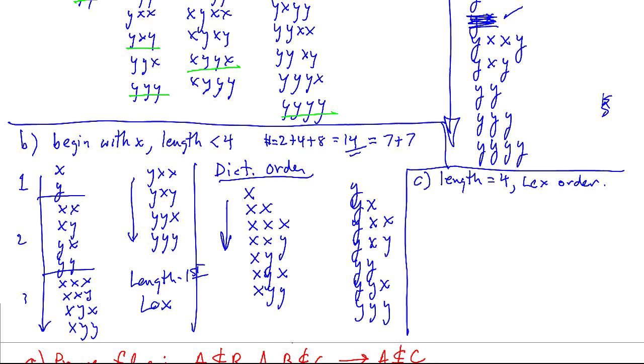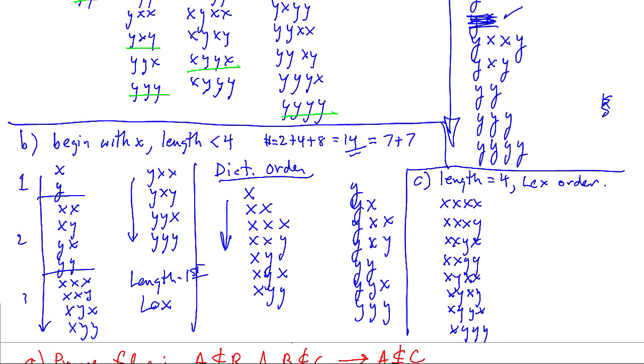Okay, so I'm going to start with XXXX. It's just like counting in binary, except instead of starting with 0000, I start with XXXX. And then instead of going to 0001, I go to XXXY. And then XXYX, XXYY, XYXX, XYXY, XYYX, and XYYY.